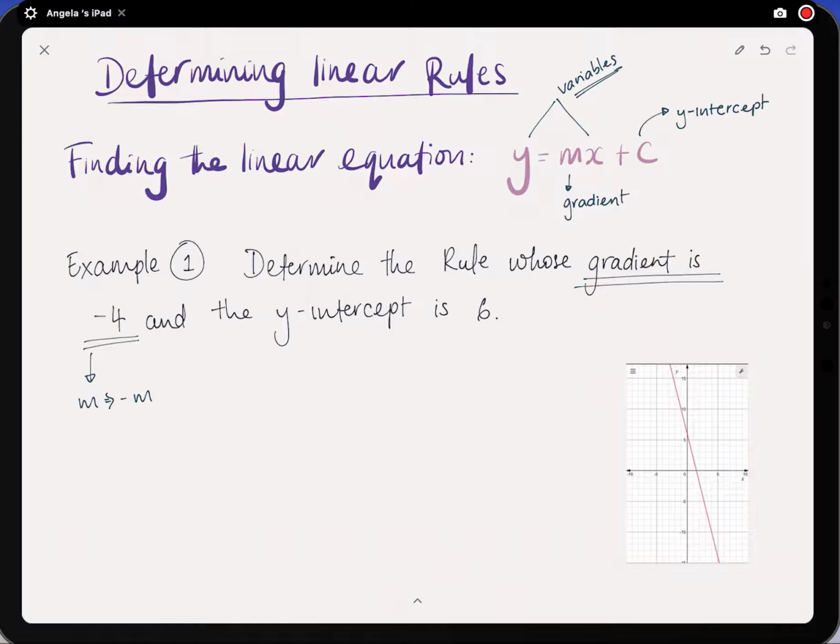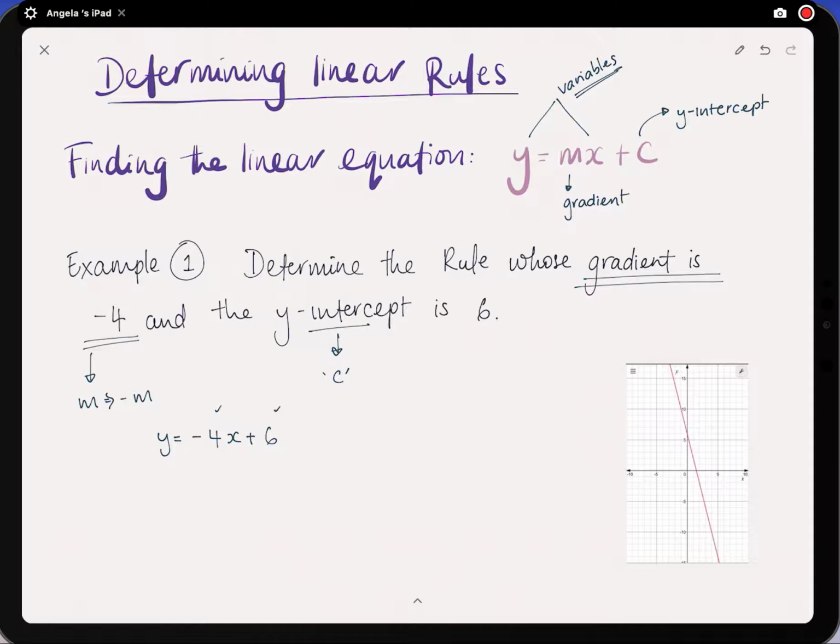Looking back at our breakdown of the general equation, we know that the y-intercept is represented by c. So substituting these into our general equation, we get y equals -4x plus 6. And what we've done is we've ticked off the fact that the gradient is -4 and our y-intercept is 6.